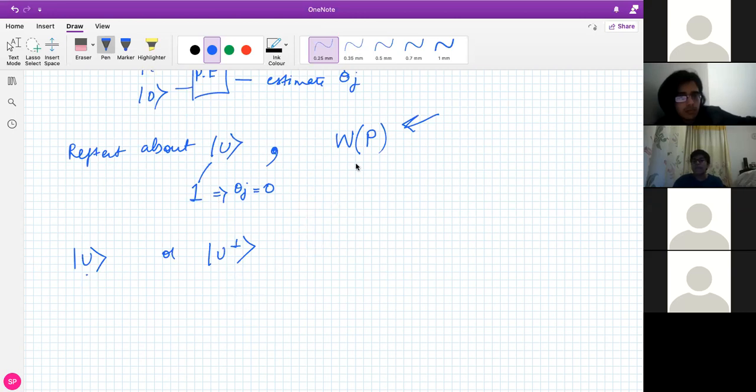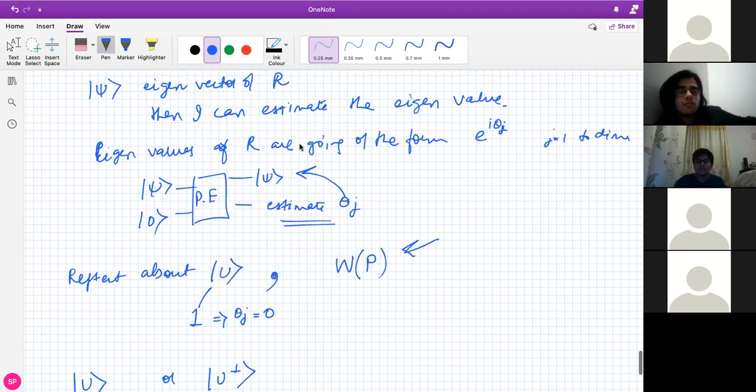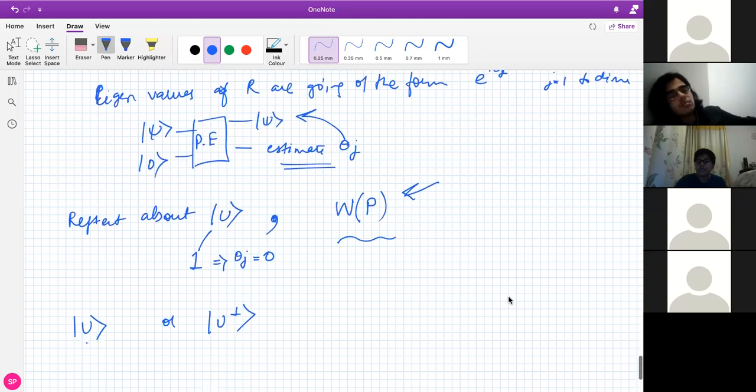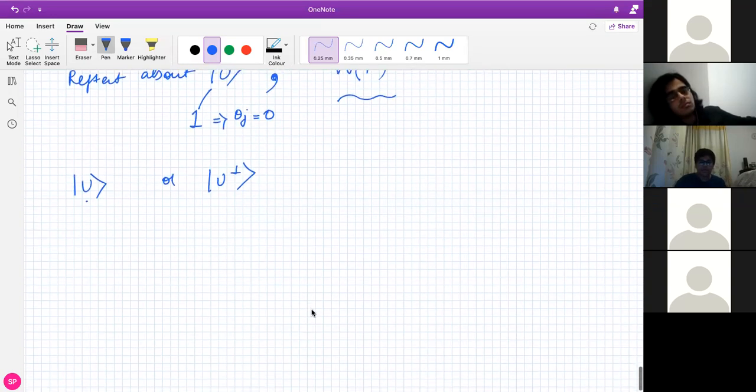But this estimate is not something you can have with infinite precision, right? So the number of runs required of this unitary is going to depend on the estimate that you require. Now we're going to come back to the algorithm.